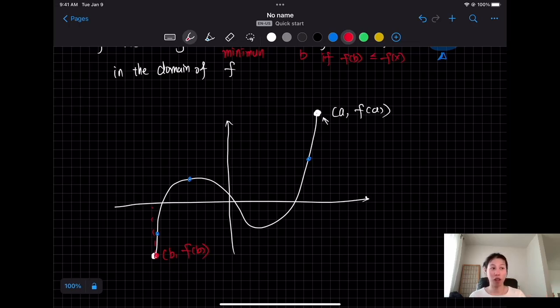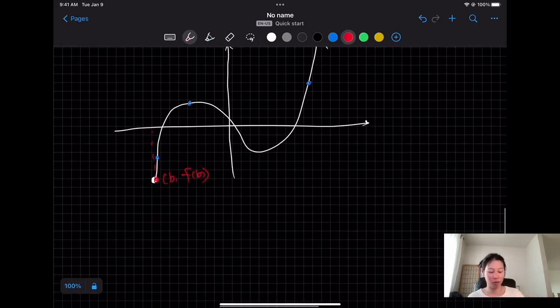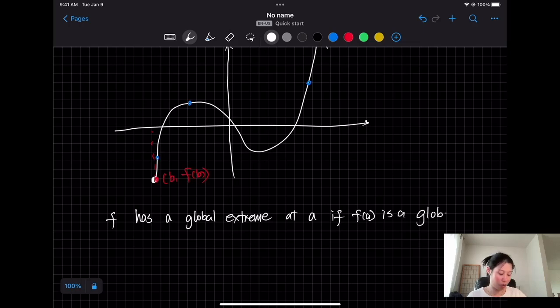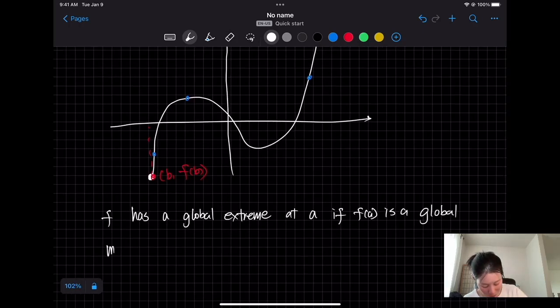So f has a global extreme at a if f of a is a global maximum or minimum.